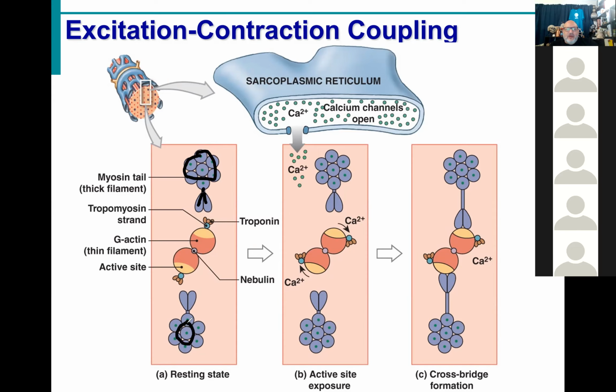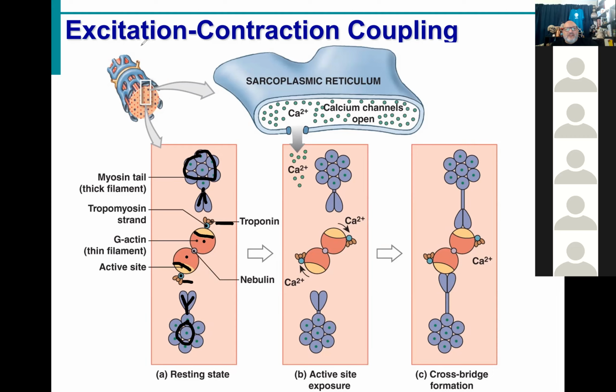Here's another myosin and one of its dimer heads. Here's our dimer actin, and here in yellow, we see that binding site that the myosin wants to grab onto. But it can't because that pesky tropomyosin is in the way. And there's troponin, our little handle on top.